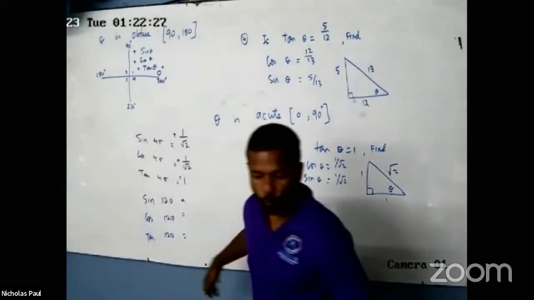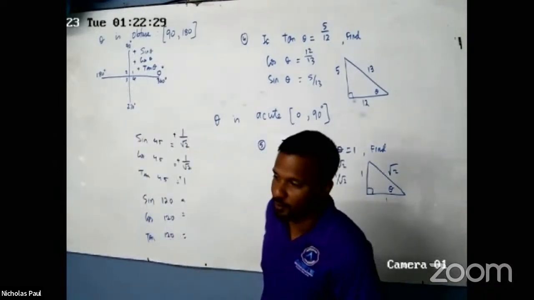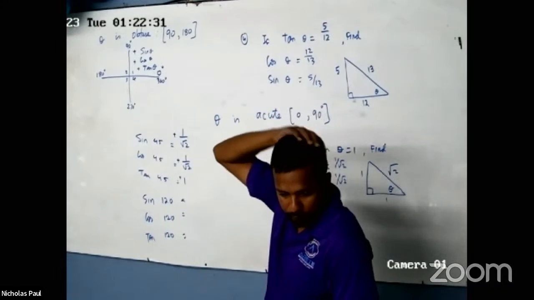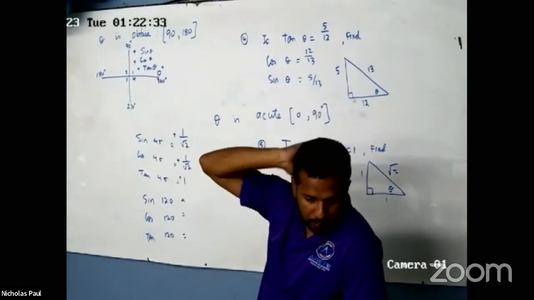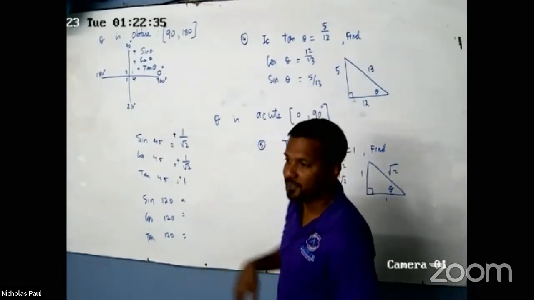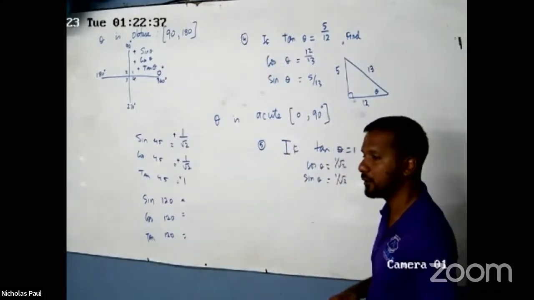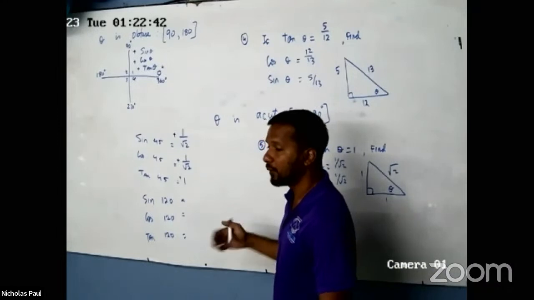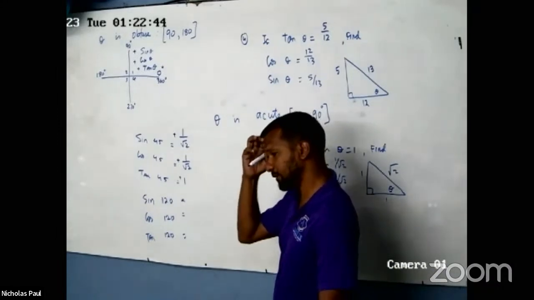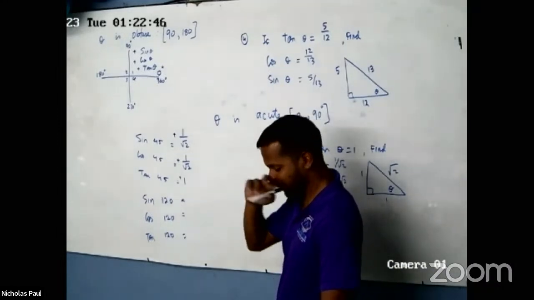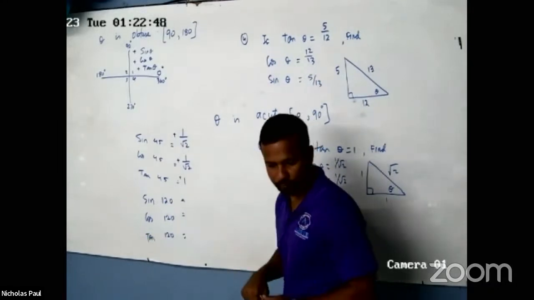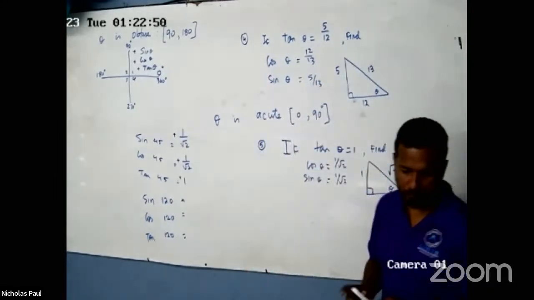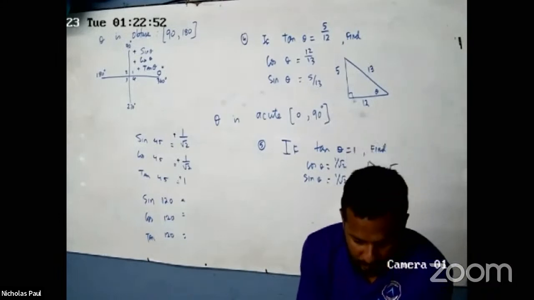Work out sine, cos, and tan. Tell me what you recognize. What do you recognize, Jacob? Can you hurry up, please? Right, good job, Richard.